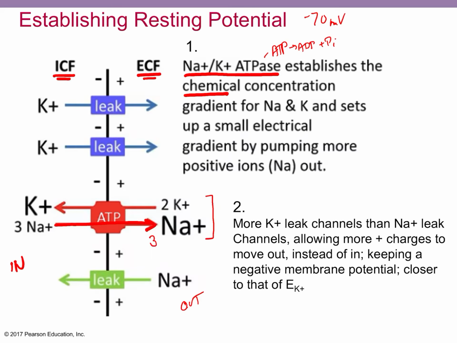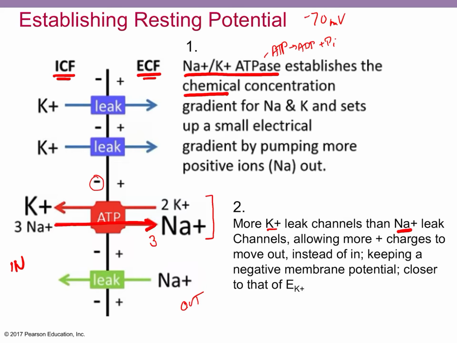Because it's pumping out 3 positive charges and pumping in only 2, we are leaving a little bit of negative charge. So the sodium-potassium pump does let a little bit of negative charge remain inside the cell. But we also want to look at the leak channels. The potassium and sodium leak channels allow these ions to diffuse down their concentration gradient.